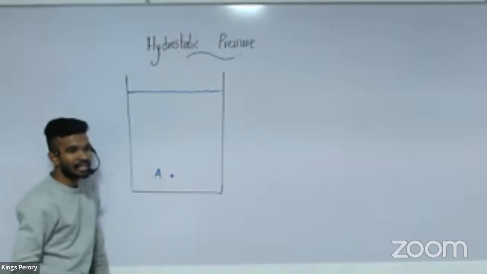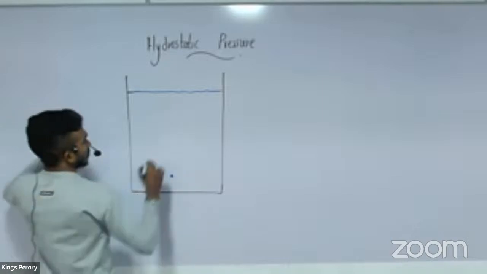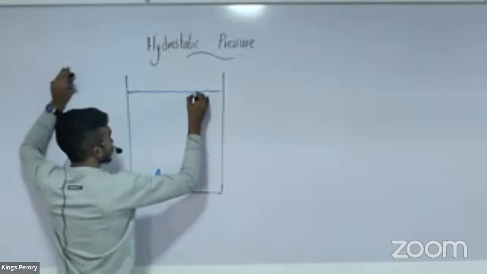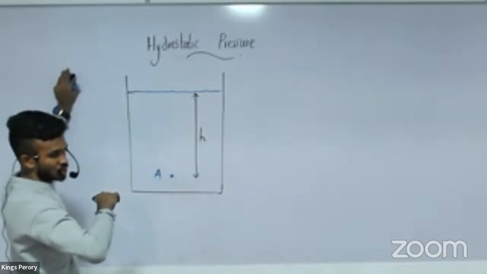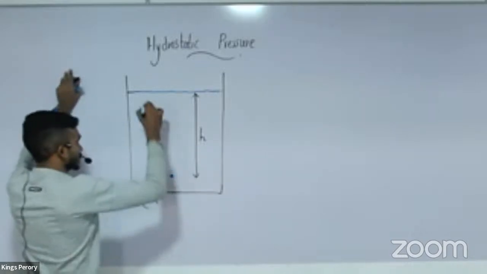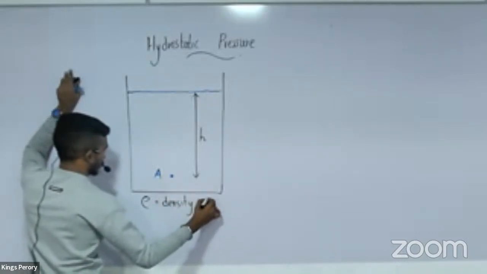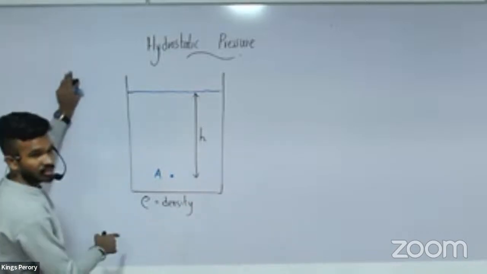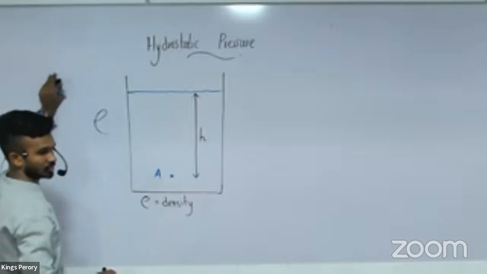Now, how to mathematically calculate it? There's a very famous equation. I take the depth from the surface to this point as h. Density of water, or the density of the liquid, as rho. Just write density. This is rho, you put a C-like thing and circle it.